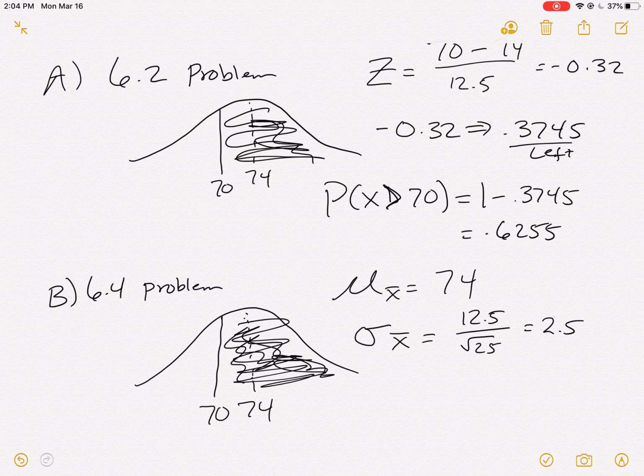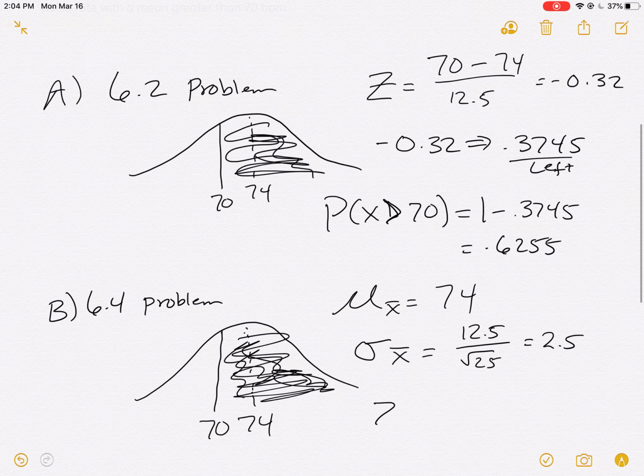You can see the work that we did before. We're still going to do the same work. We're going to take 70 minus the mean, which is still 74, but divided by the standard deviation that has now changed because we have 25 women, and it's now 2.5. So now I'm going to take the 70 minus 74, but this time divide by 2.5, and I'm going to get a massively different number, negative 1.6.